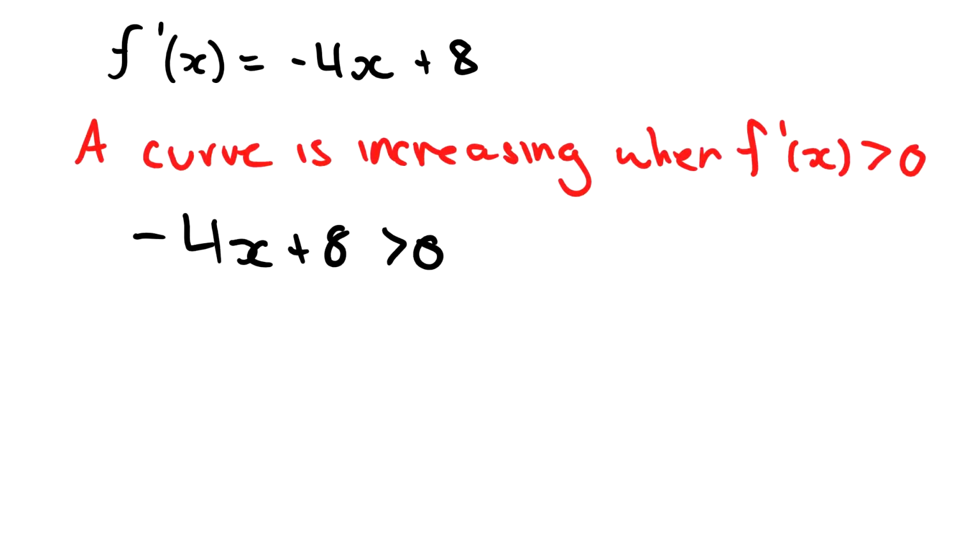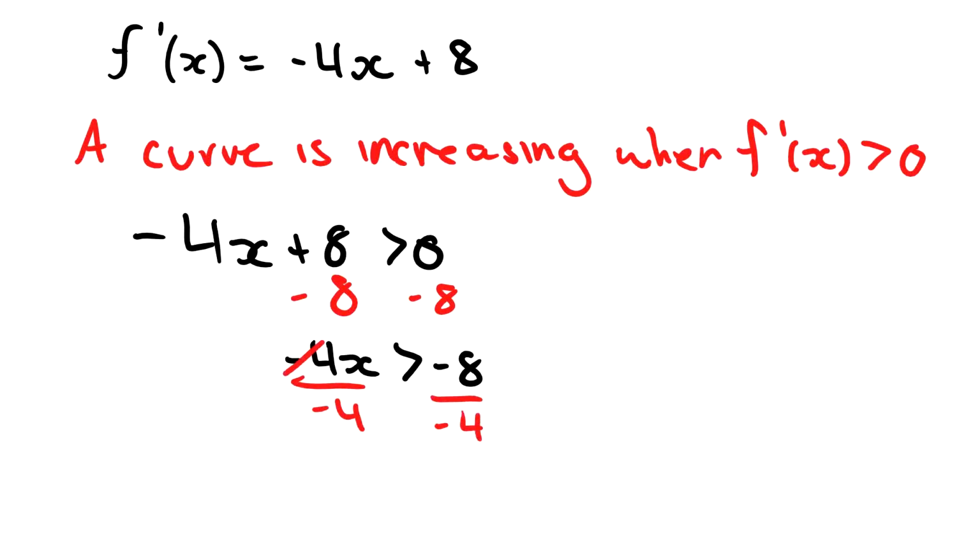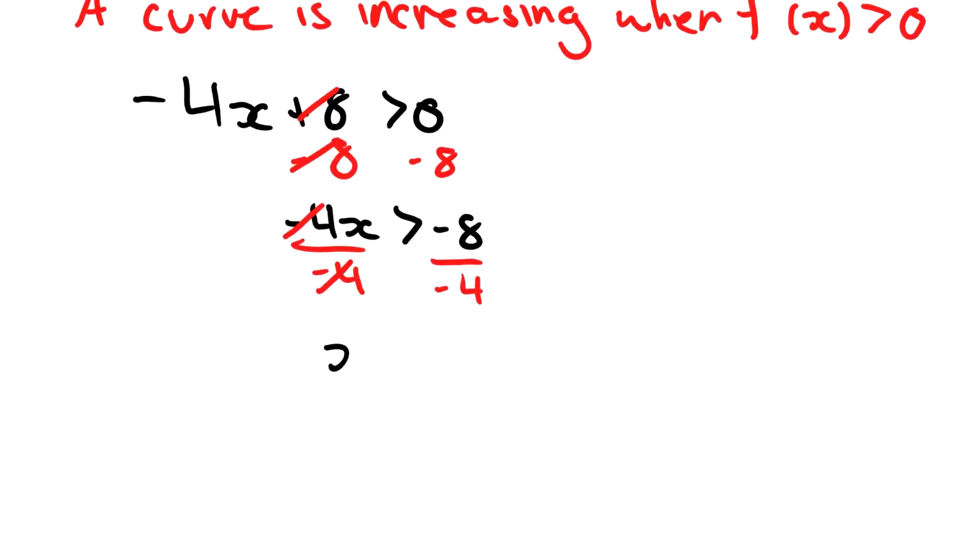At this stage, it becomes just a regular inequality that we need to solve. So minus 8 from both sides. We get minus 4x is greater than -8. We divide by -4. Now remember, with an inequality, if you're dividing by a negative or multiplying by a negative, the sign flips. So x is going to be less than 2.